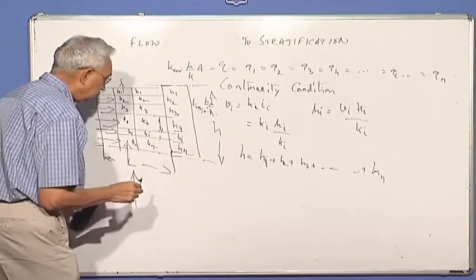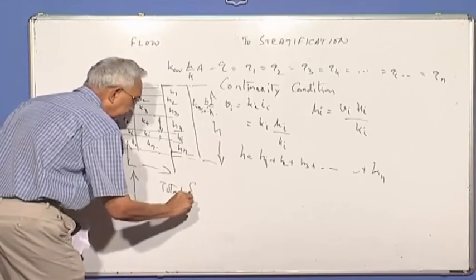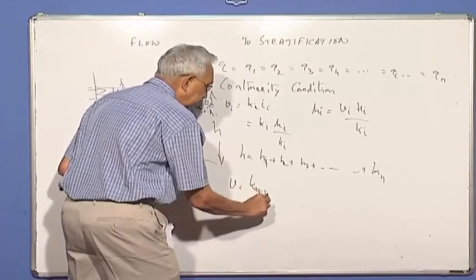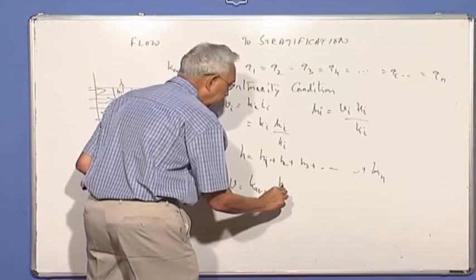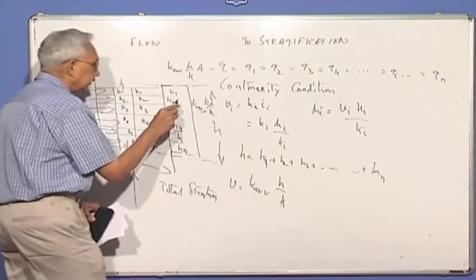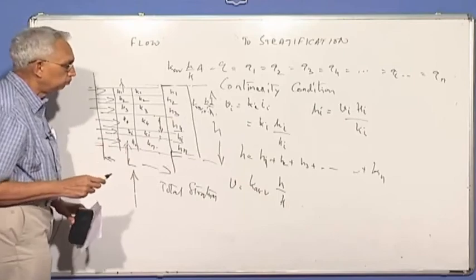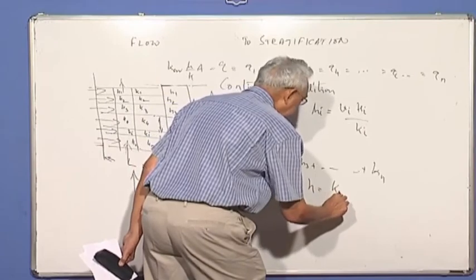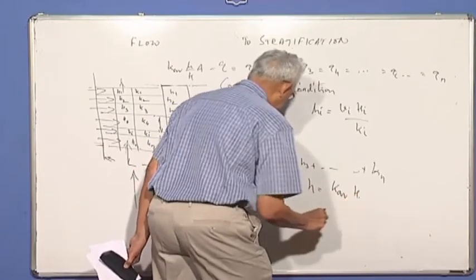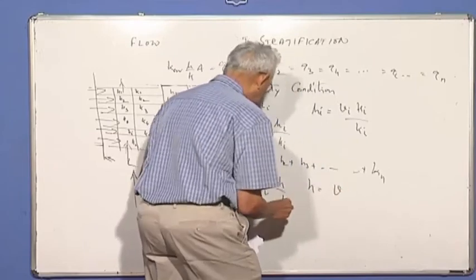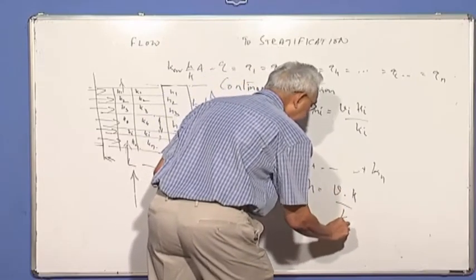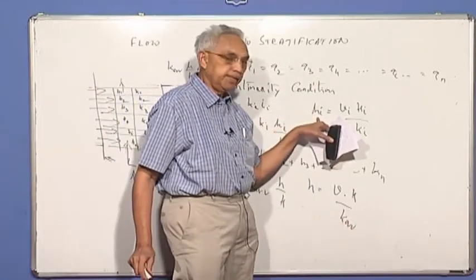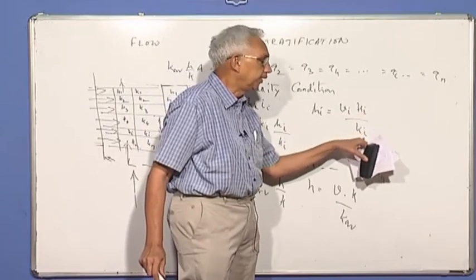Let me write it again. For the total stratum, the velocity is given by K average, and please remember the flow is perpendicular, total head loss is H, and the total thickness of the stratum is capital H. So can I say head loss is equal to V into H by K average. For each layer, Hi is Vi into thickness divided by Ki.